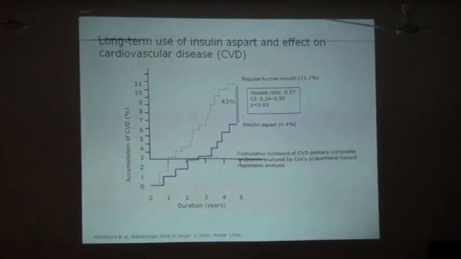The long-term use of insulin aspart and its effect on cardiovascular mortality: you can see this is a trial which has been done. In durations up to 4 or 5 years it has been shown, and you can see the very good difference, a 43% reduction compared to regular human insulin and insulin aspart.